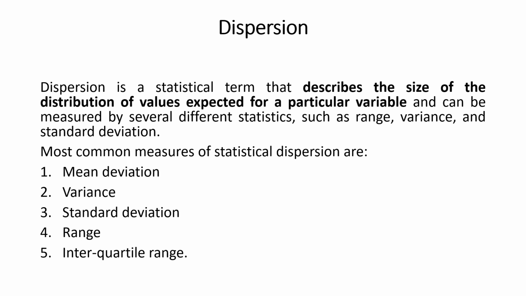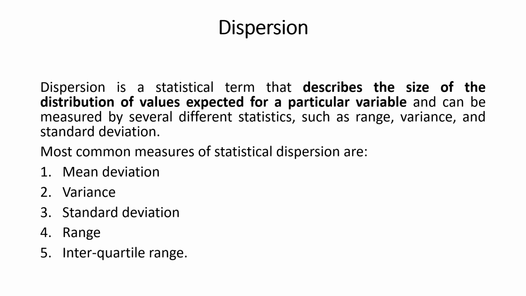When it comes to the significance of measuring variation, measures of dispersion are needed for four basic purposes. The first one is to determine the reliability of an average, to serve as a basis for the control of the variability, to compare two or more series with regard to their variability, and to facilitate the use of other statistical measures.